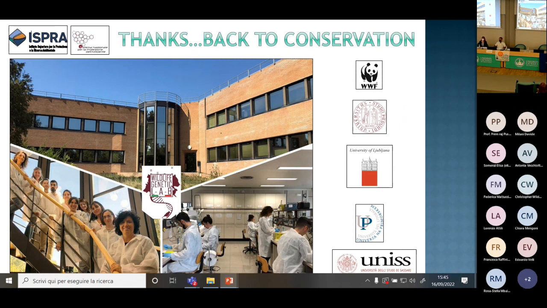And now there is this Luma technology. I don't know if you heard about it. It is a low-cost technology that is able to evaluate the overall methylation status of different populations. We are testing it in another project on livestock, but maybe it can be useful. I don't know if there is already data available in wildlife, and if it can be useful also for this kind of investigation.